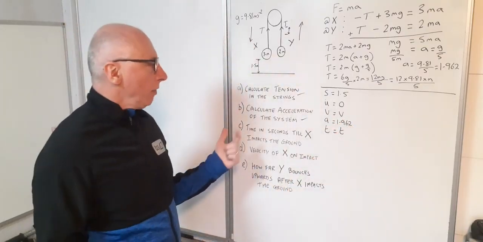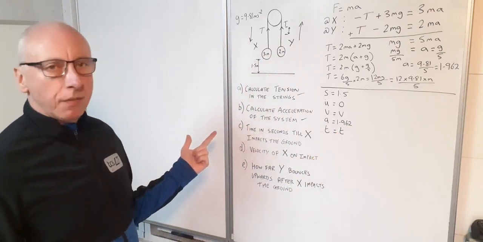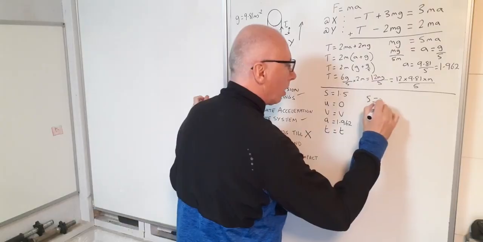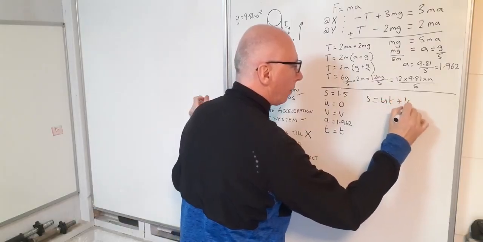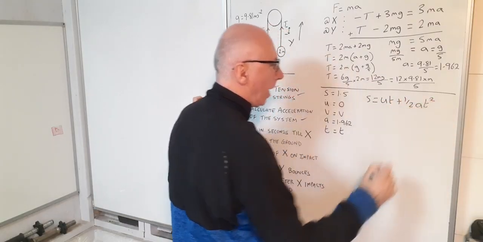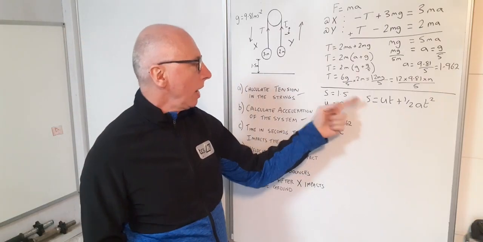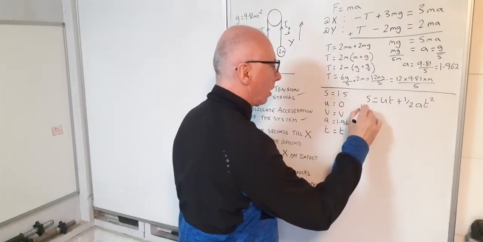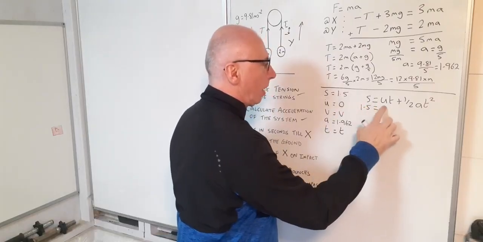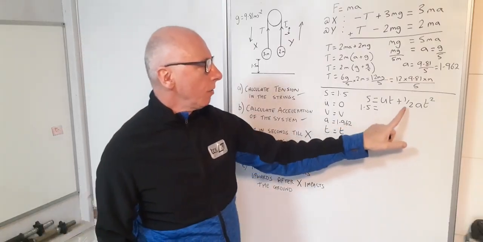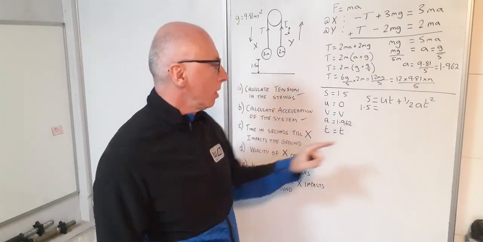Okay, so with that information, we can go ahead and find T by using S equals UT plus a half AT squared, and plugging in the appropriate values, and then we can solve for T. So S is 1.5. U is 0, so this term's going to disappear regardless of what time is, and then I'm just left with a half times A times T squared.